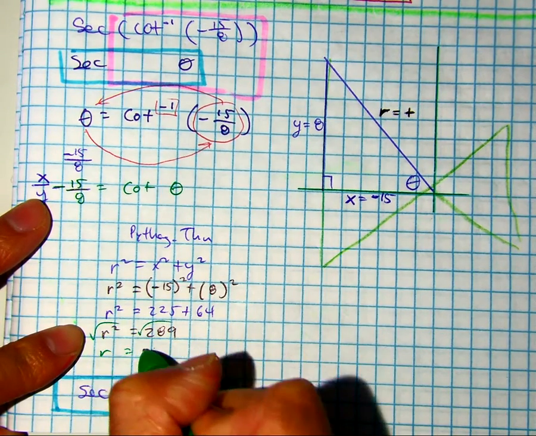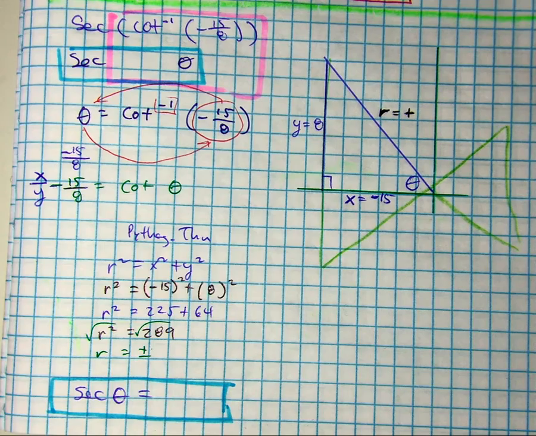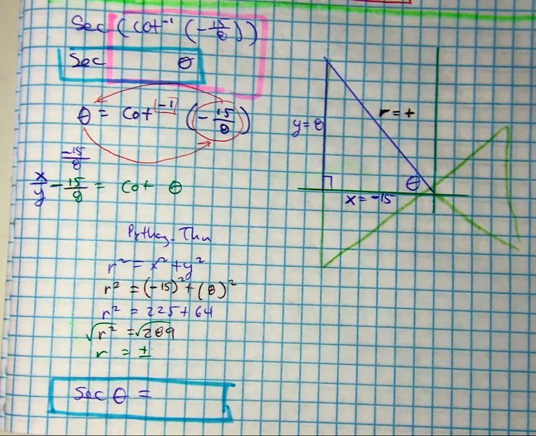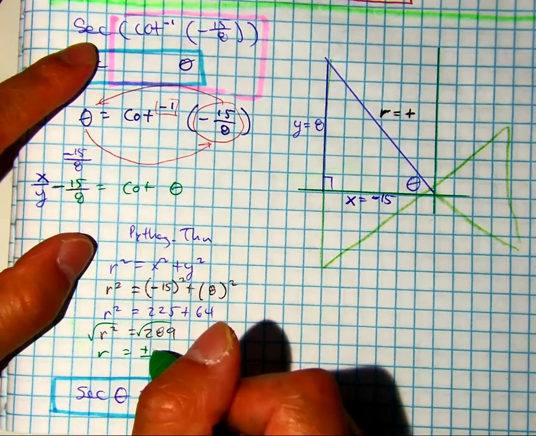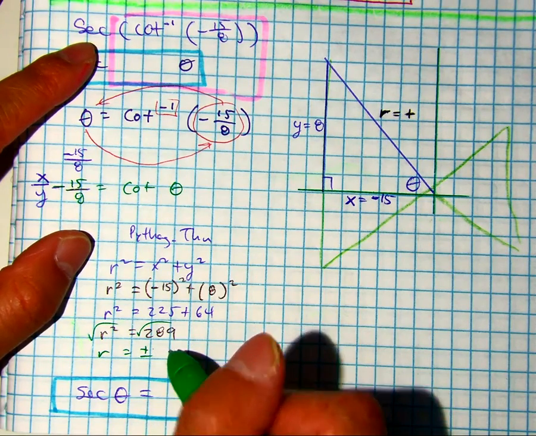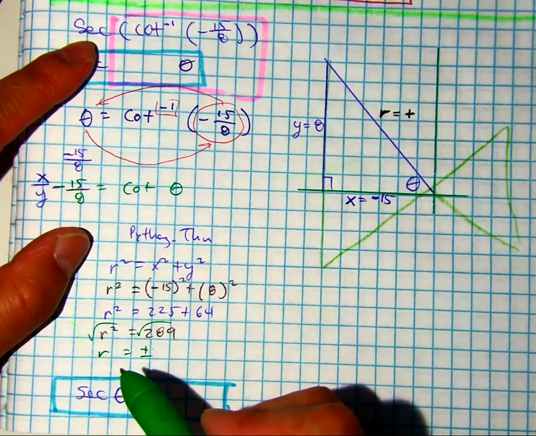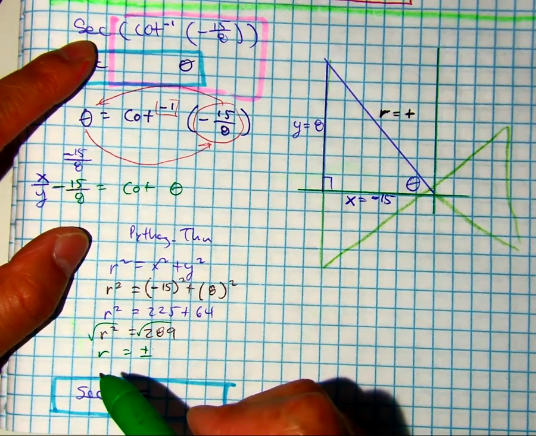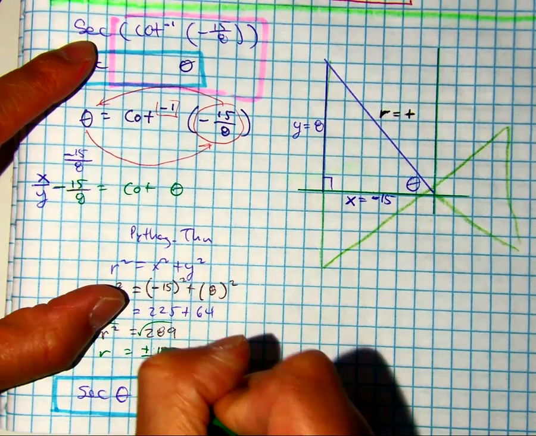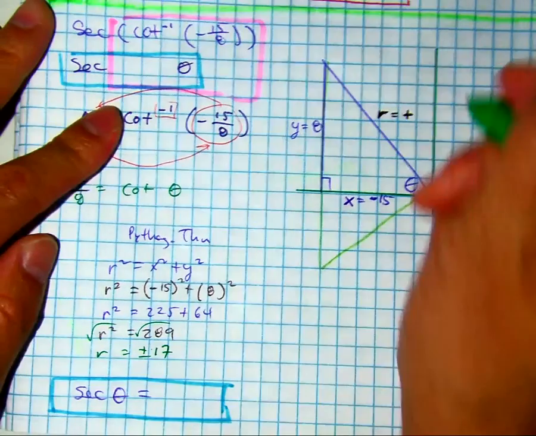R is equal to a plus or minus. Answer is? I'm in a class full of students, 35 math students staring at me. 17. Class, therefore, our R value is 17.